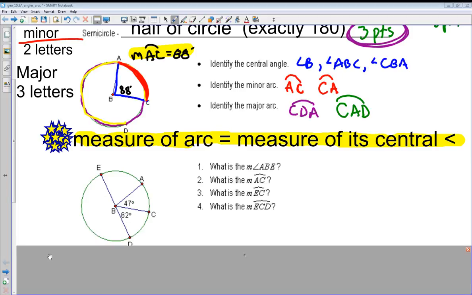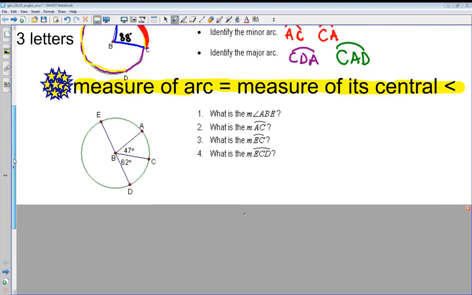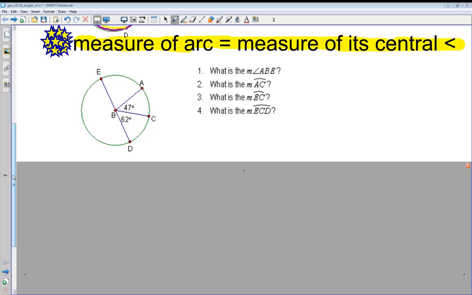So we've got a couple examples down here that we'll take a look at. You see in here we've got a couple of angle measurements, 47 and 62. You'll notice that segment DE is a diameter. So that's going to split our circle in half, creating 2 semicircles.